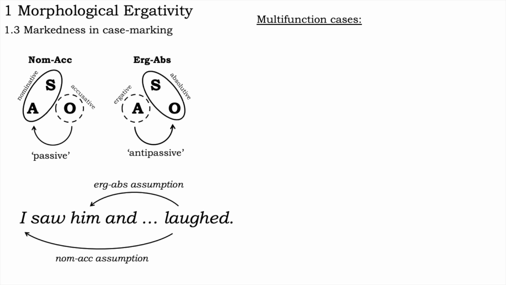Another important consequence of markedness is related to the function of the more marked case. In both nominative and ergative languages, the more marked case, that is accusative or ergative, is more likely to have functions beyond simply marking the O or A status of its noun phrase.